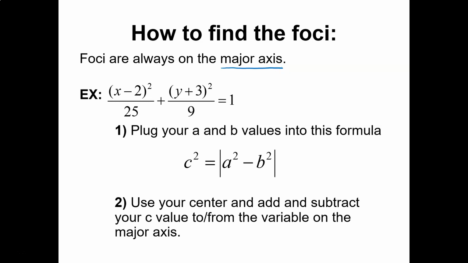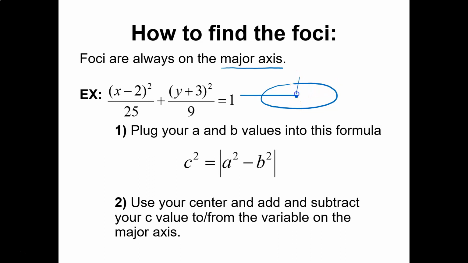So even if the question has not asked me to graph a picture, I at least want to think about a really rough graph of what this looks like. So if I have a 25 underneath my x and a 9 underneath my y, is that going to be a wide ellipse or a tall ellipse? It's going to be wide, right? It's wider than it is tall. So it's going to look something like this, and it's going to have a center right here.